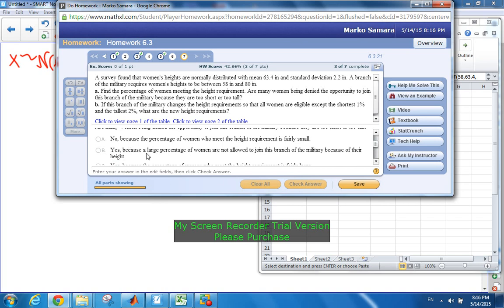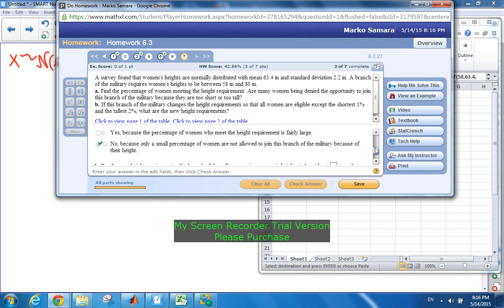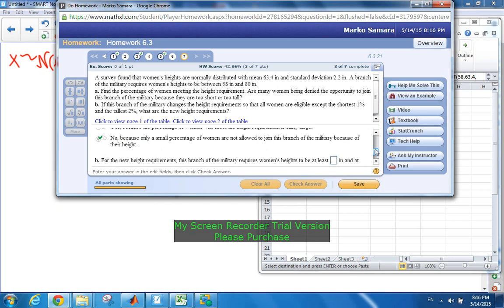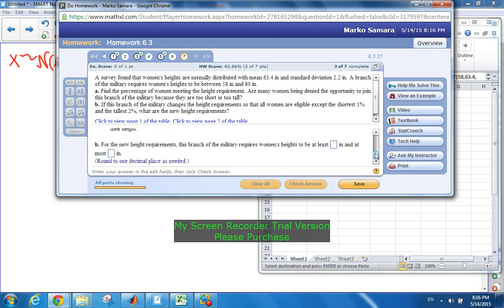B is yes, because a large percentage of women are not allowed to join this branch, so obviously that's not right. First of all, it should not be yes, so C should not be yes either. So D, no, because only a small percentage of women are not allowed, so that's the correct answer, D. Okay, and part B.